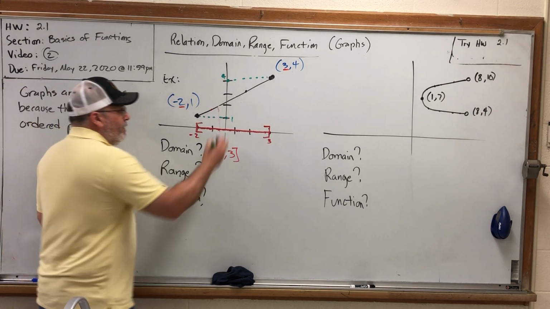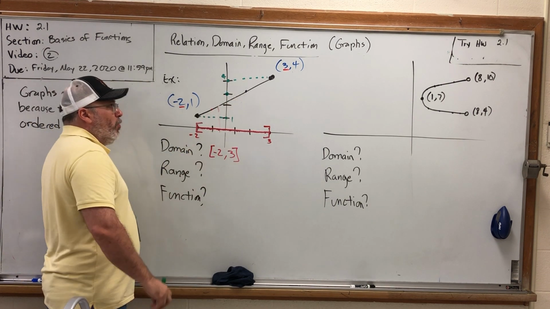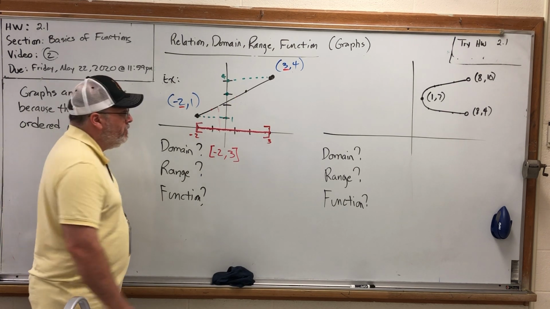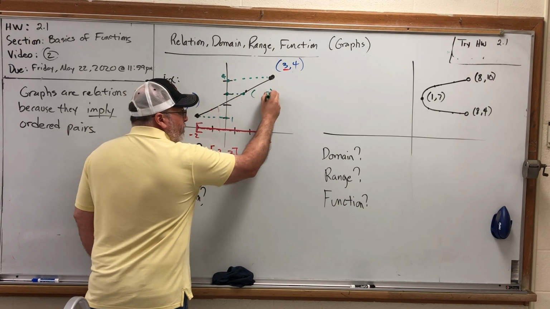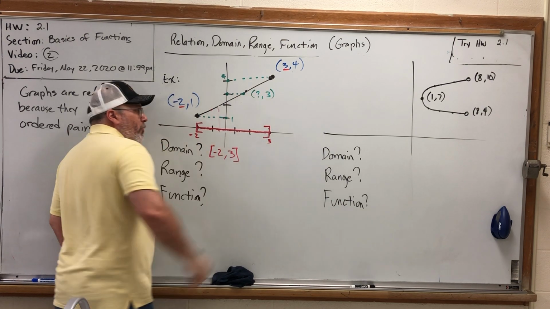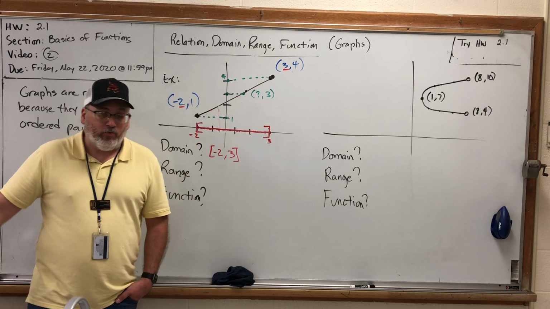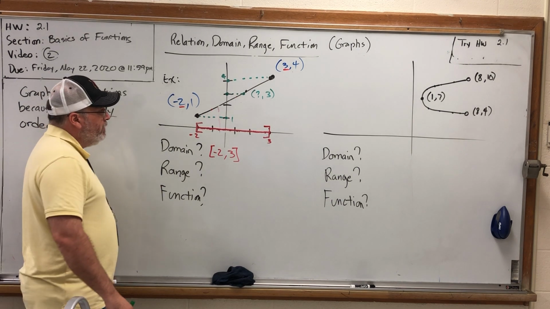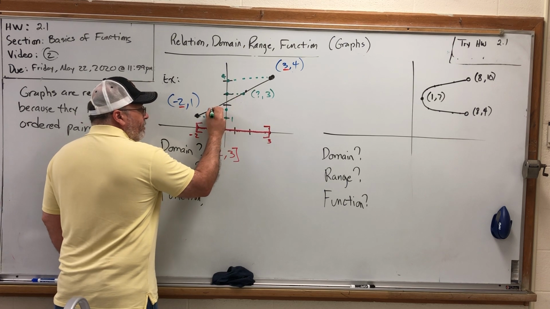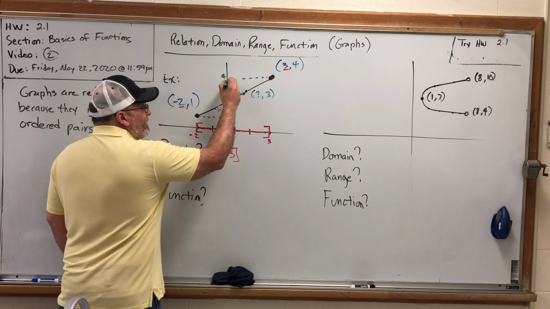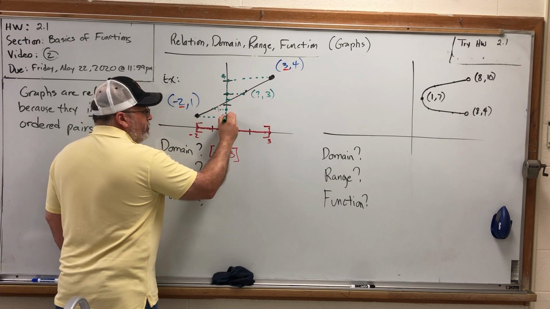For example, what about 3? Is 3 a y value on this graph? Well, yeah, if I go out here, then this point's y-coordinate is 3. I don't know what its x-coordinate is, but we're talking range, so I don't care. And using the exact same argument, every point between 1 and 4 on the y-axis is part of this graph's range.